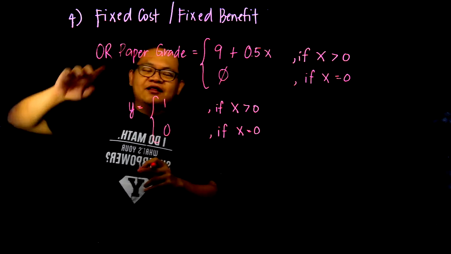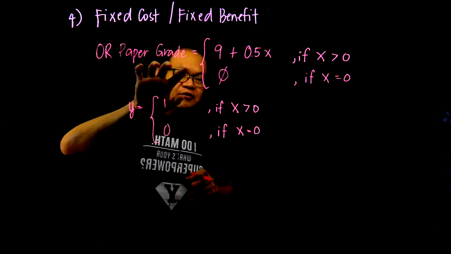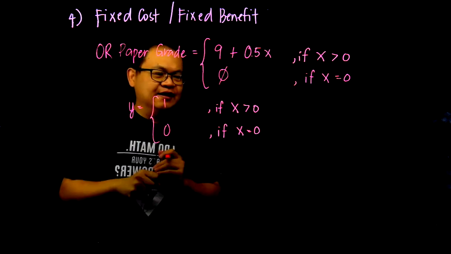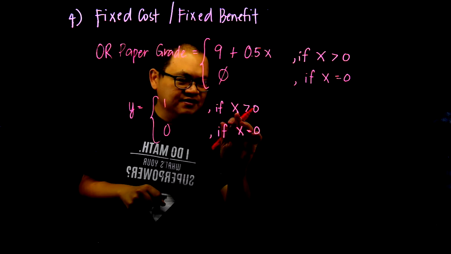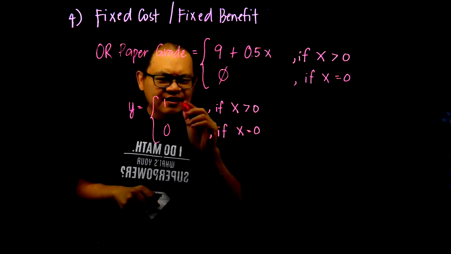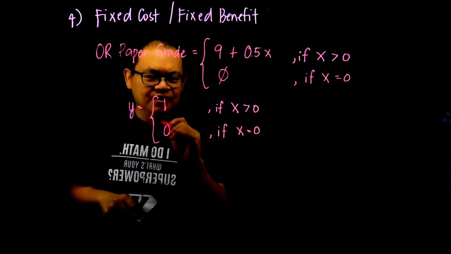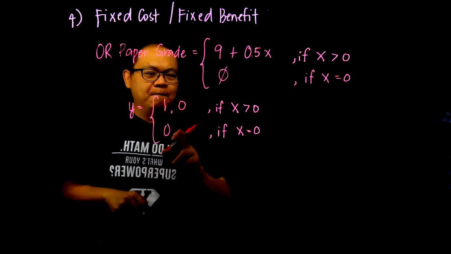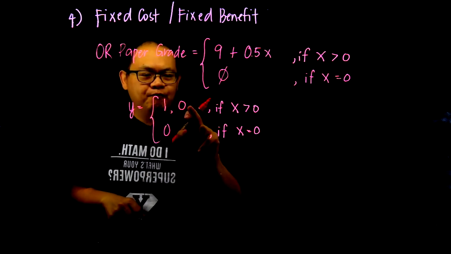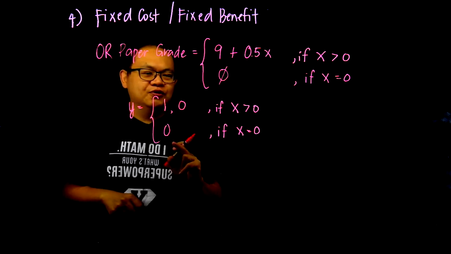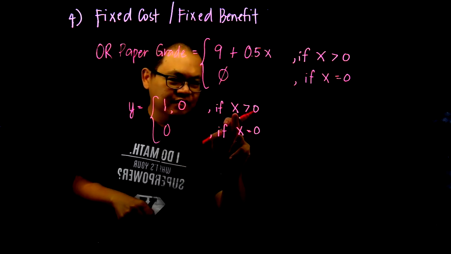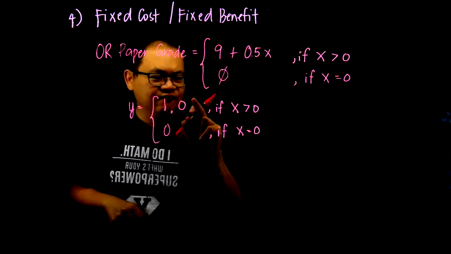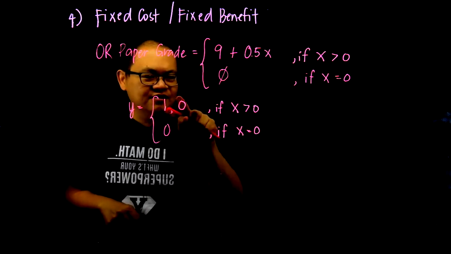Now, given that the function is an OR paper grade, and therefore this split function is some benefit, if you submit something, it is technically possible that you don't ask for the bonus. Again, if you submit something, it is very possible that you don't ask for the bonus.